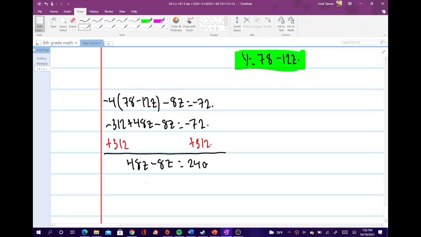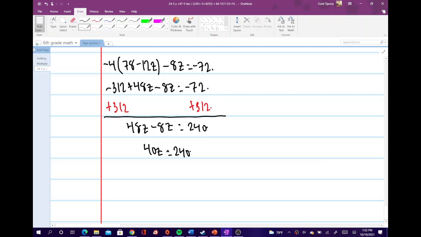So then this is going to be 40z equals 240. So now 240 divided by 40, that's going to be 6, because we divide by 40 on both sides. So z equals 6, okay?